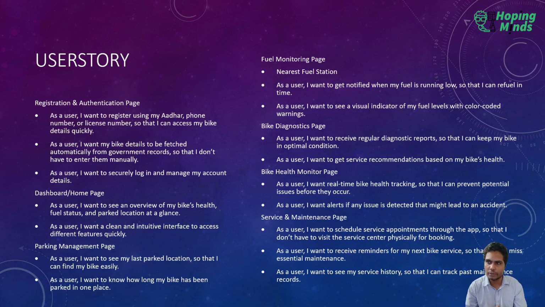As a user, I want my bike details to be fetched automatically from the government record so that I don't have to enter them manually. Dashboard: as a user, I want to see an overview of my bike's health, fuel status, and park location at a glance. As a user, I want a clean and intuitive interface to access different features quickly. I think that is important.